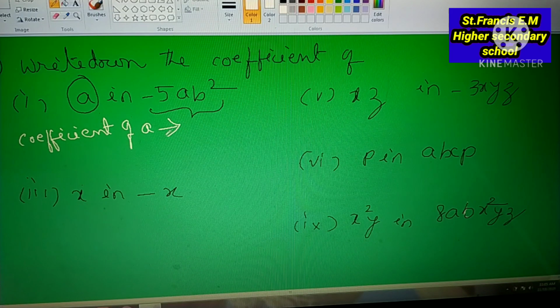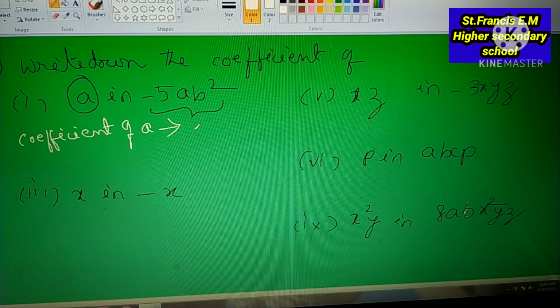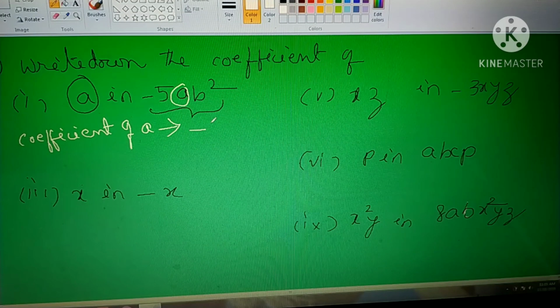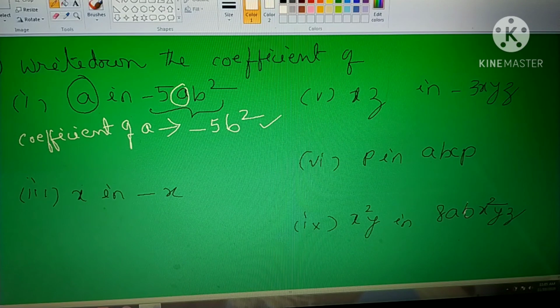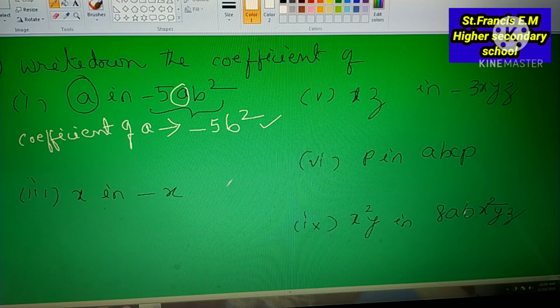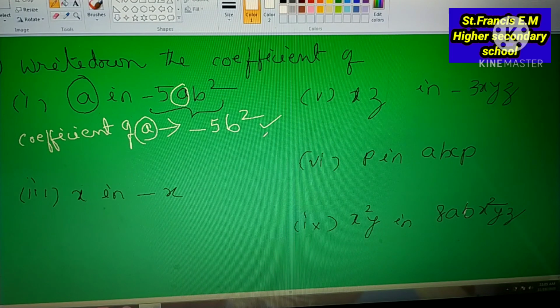Coefficient of a in this given expression, if we have any minus symbol, along with that minus symbol you have to write. Ignore that a and write down the remaining factors. So write down along with minus 5b square. So this is your coefficient of a. Coefficient of a means what? Leave whatever they have asked and write down the remaining factors.